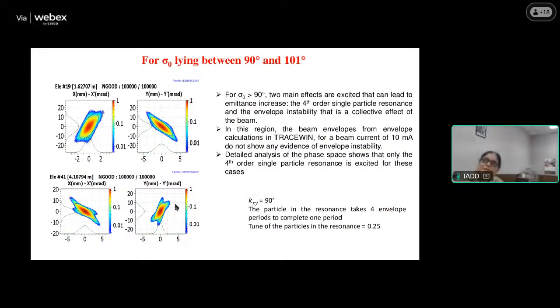This is because the LIPA DTL is a short structure, and only the fourth order resonance gets excited. There is no time for the envelope instability to get excited. If it was a longer structure, after some time the envelope instability would have got excited, but here only the fourth order resonance is excited.